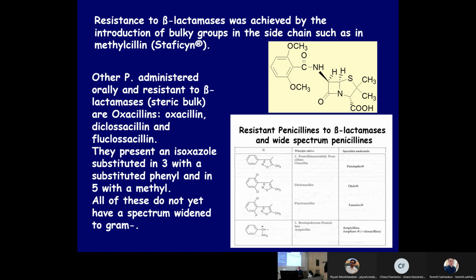And so if there is a negative cloud very close to the beta-lactam ring, we can protect this ring from the attack of the beta-lactamases. The two clouds have the same charge, and so they are repulsive.